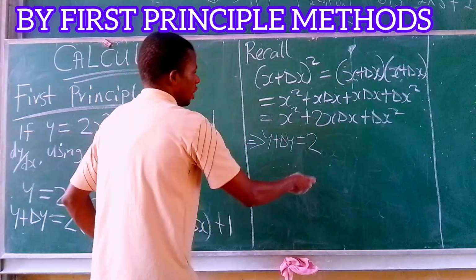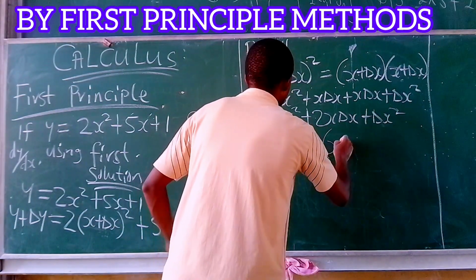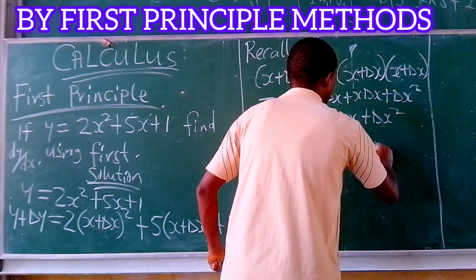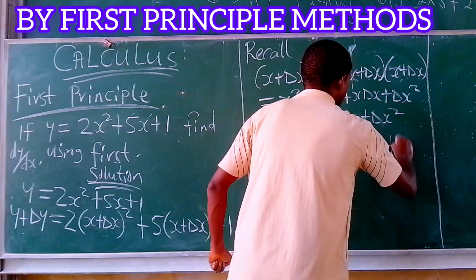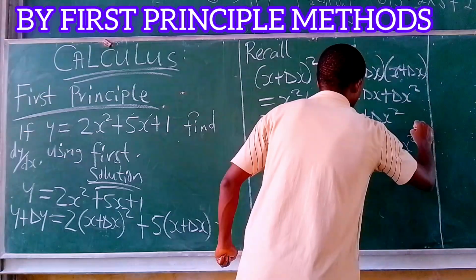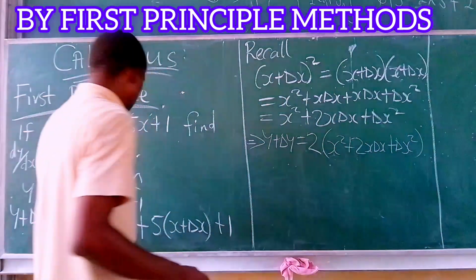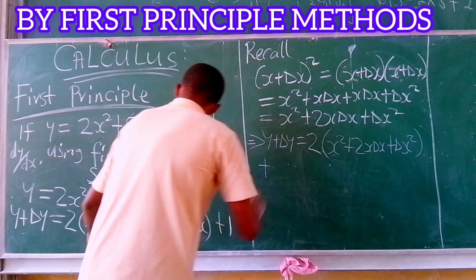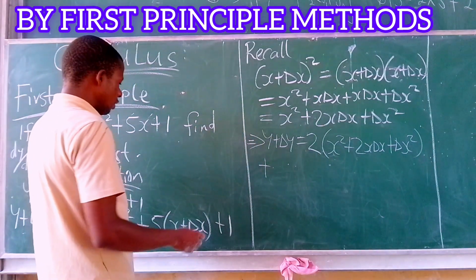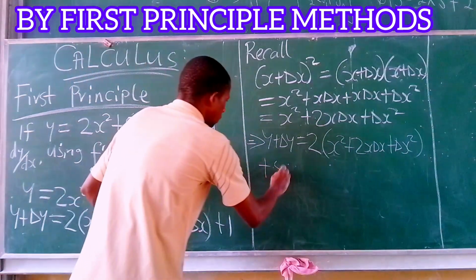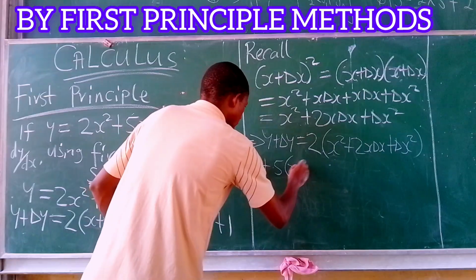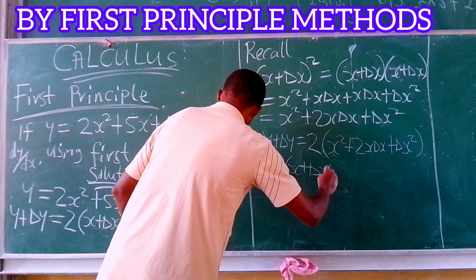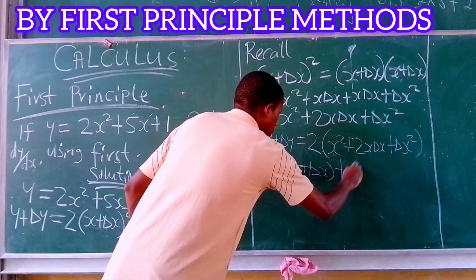So I have 2 multiplied by x squared plus 2x δx plus δx squared, which is this guy when we expand it. Then plus, what you have here is 5, right? 5 bracket x plus δx, bracket plus 1.